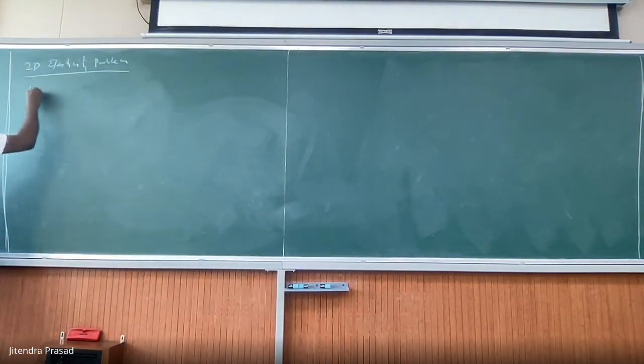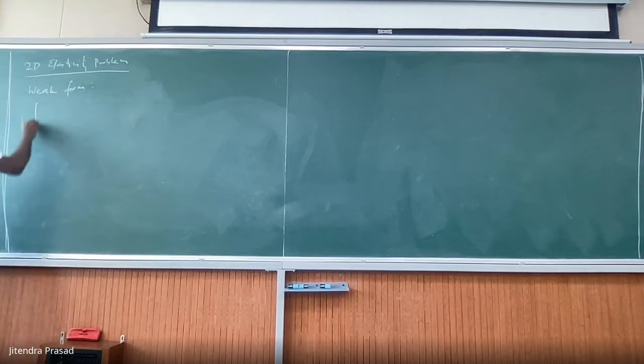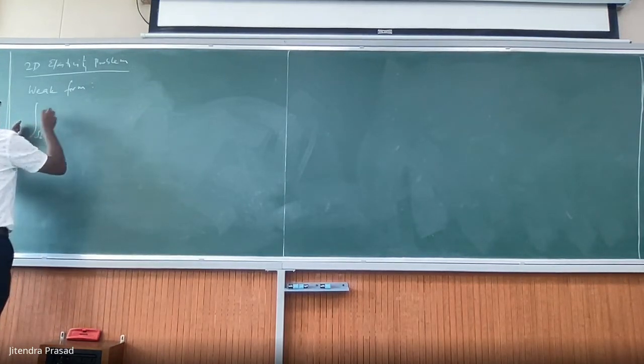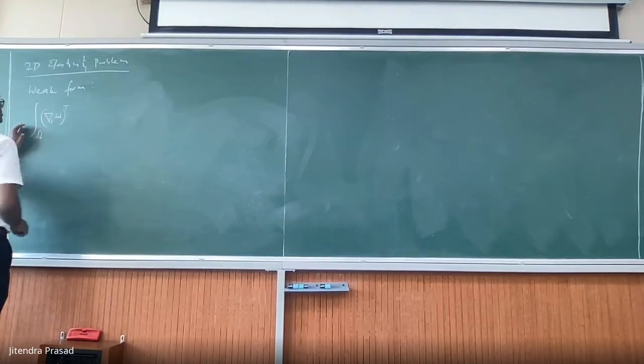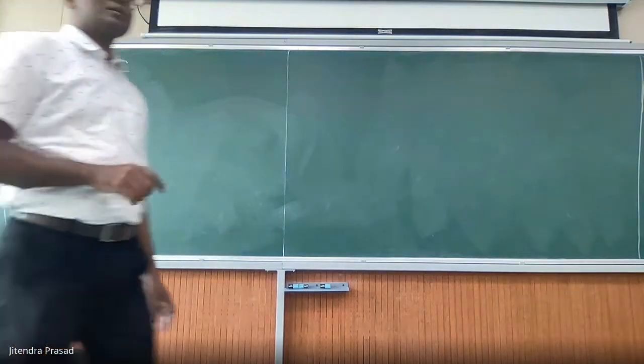The weak formulation we have is something like this. Integrate over the whole domain, and then you have del S W transpose, where W is Wx, Wy, that's the vector we're talking about.